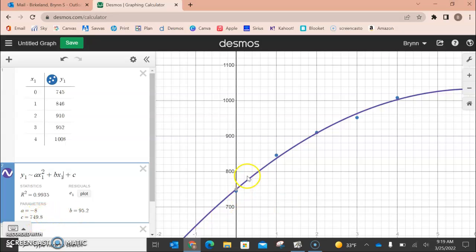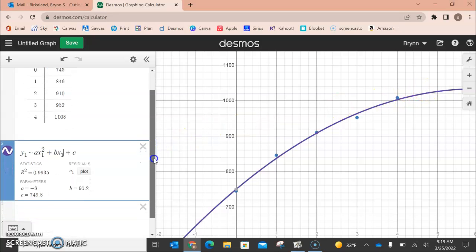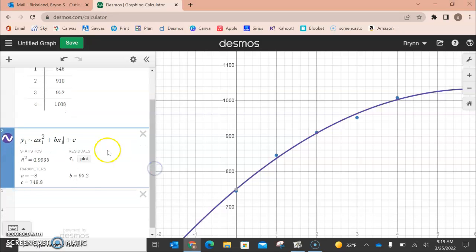And they're saying that is our best way to predict the revenue you can make off that equation. Now, if you wanted to know, say on the 5th price increase, what the value would be, you could plug in your 5 into this equation, and it would tell you how much you would make after the 5th price increase.